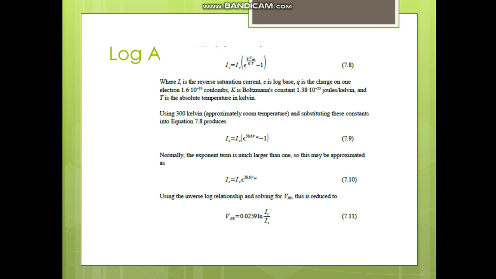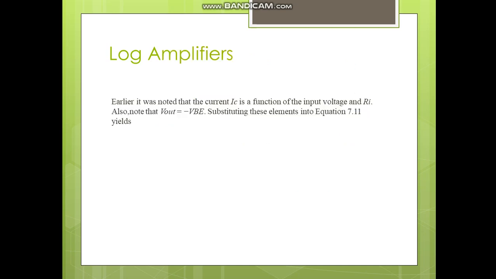Using the logarithmic relationship, solving for VBE, we have VBE as the value of IC and IE. So earlier we noted that the current IC is a function of input voltage and Ri. So we get Vout as minus VBE.